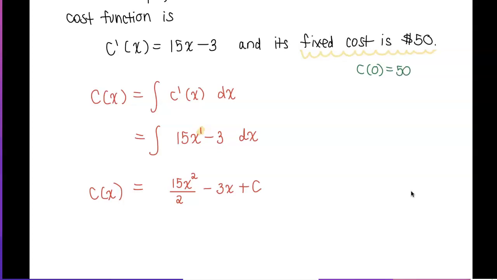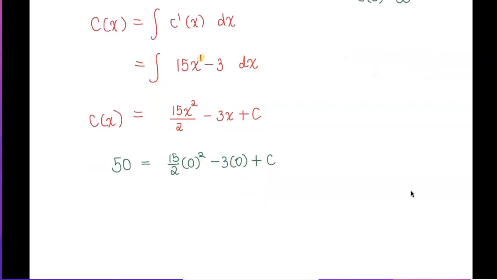So watch, if we plug in 0 for x, the cost will still come out to be 50, which means, notice this entire part is equal to 0, right? So guess what?